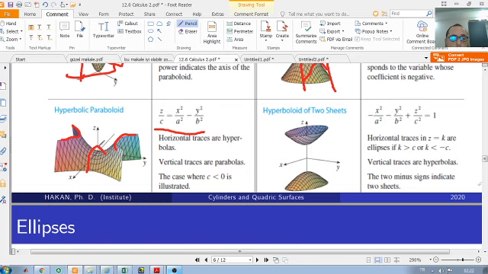This is the intersection of the graph of the hyperbolic paraboloid with the vertical plane which is parallel to the xz plane. And also we have another parabola you can see from here.